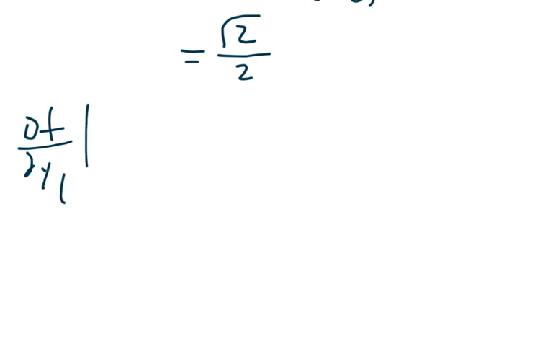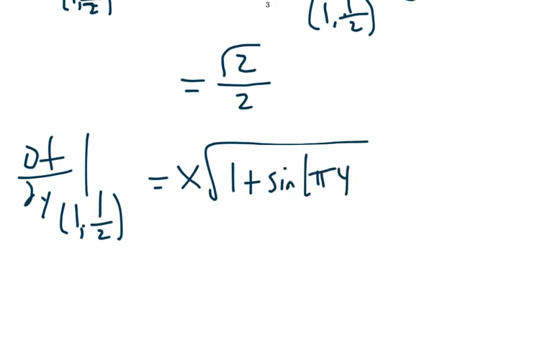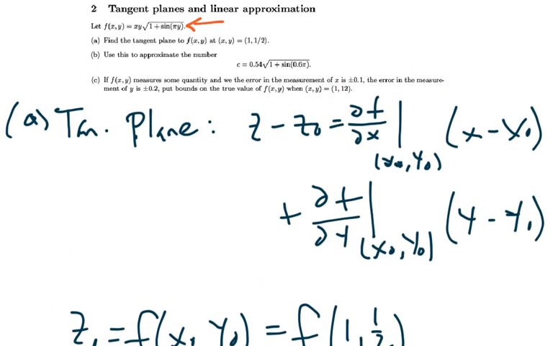df dy at 1 and 1/2. It's going to be a little bit trickier. Our first term is going to be x square root of 1 plus sine pi y. And that's because that's from our first term in the chain rule, right? That's this one, for the product rule.